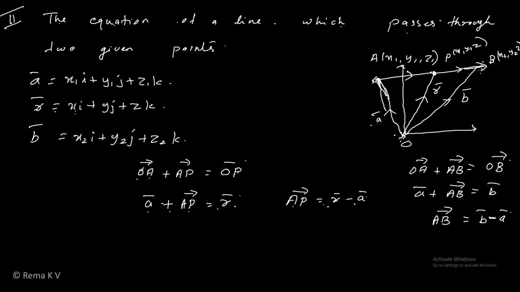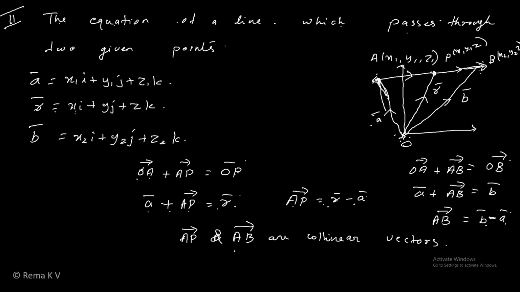So AP can be written as r minus A. When we consider the triangle OAB, in this OA plus AB is equal to OB, so you can write the vector AB as B minus A. In this, AP and AB are collinear vectors or parallel vectors, which means one is the scalar multiple of the other.